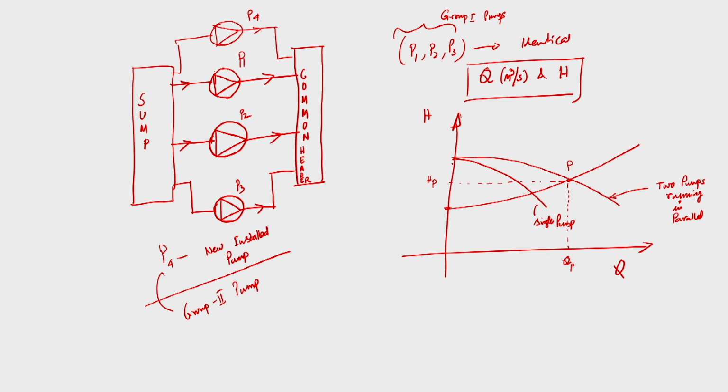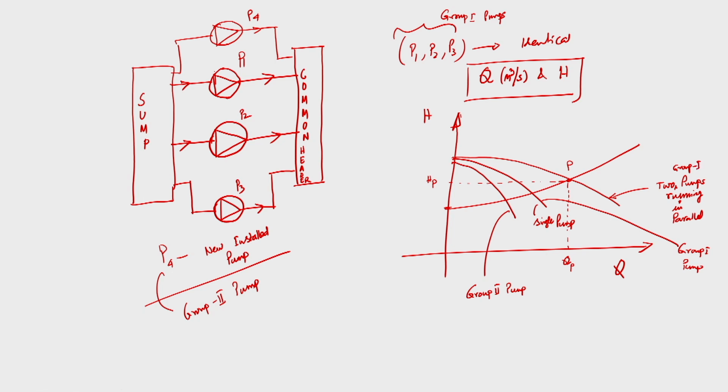So, if the H-Q curve of the new pump is like this, with shut off head nearly equal, then if we add this one, so this is for the group 2 pump, and this one for the group 1 pump, two group 1 pumps running in parallel.